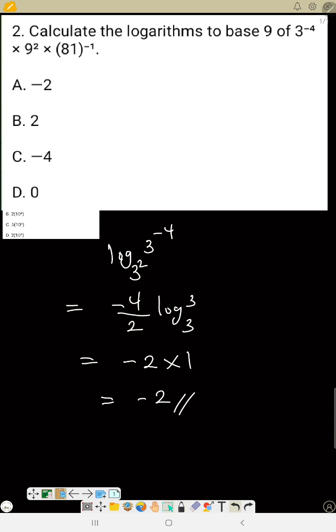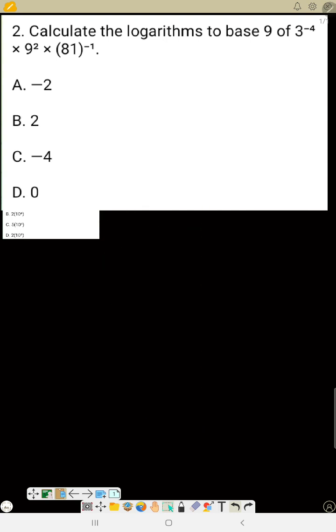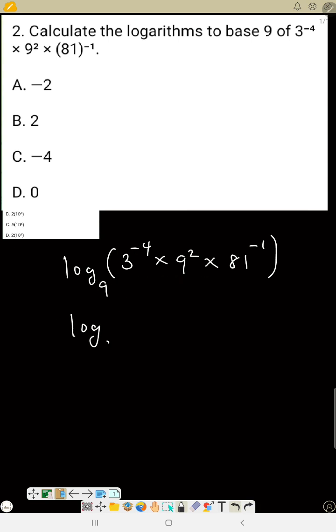Or if you change everything to the form of 9, anyone is allowed. Remember the question is log to base 9 of 3^(-4) times 9^2 times 81^(-1). Since the base is 9, I can work everything through to be 9.